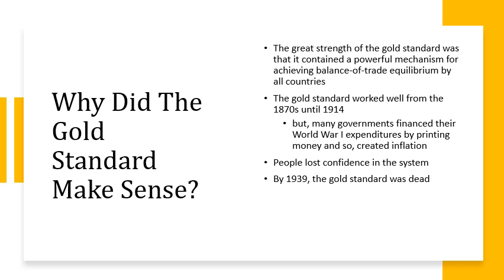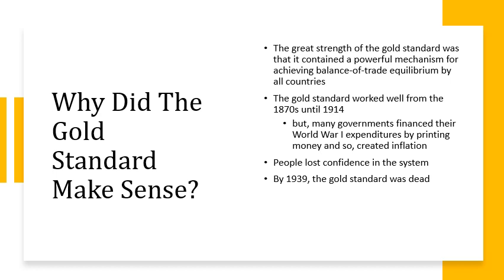So they had to pay, and once they paid, they printed more money. It resulted in great inflation in their countries, and the value of their currency decreased. However, it was fixed against gold, so it became a huge issue for other countries to accept that specific currency, and people lost their confidence in the system.